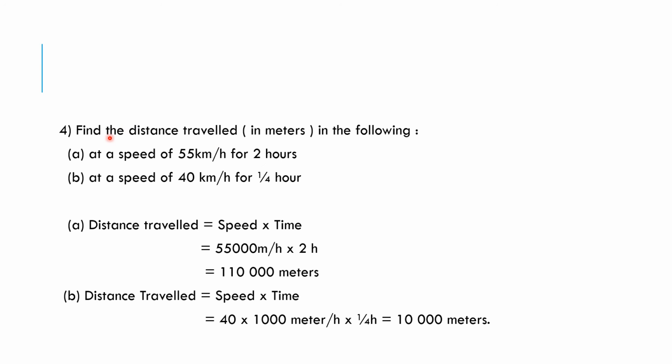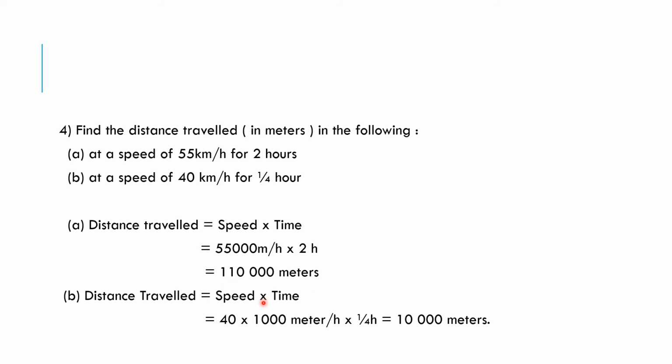Okay, find the distance traveled in meters in the following. At a speed of 55 km per hour for 2 hours, at a speed of 40 km per hour for 1 by 4 hours. Now distance traveled is given by speed into time. So that is equal to 55,000 meters per hour into 2 hours. Hours get cancelled out. 55,000 into 2 is 110,000 meters.